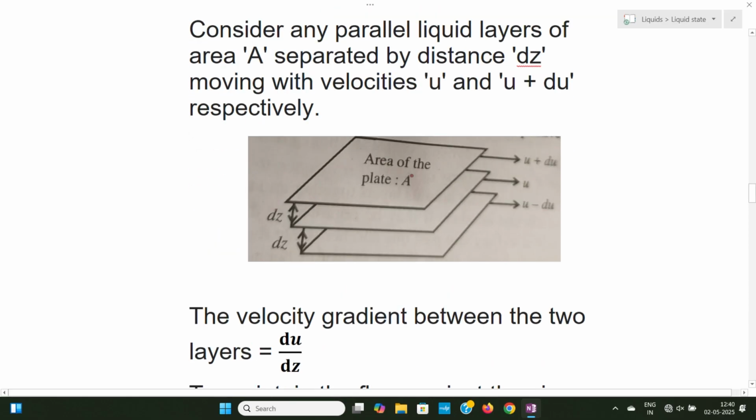We consider parallel liquid layers with the area of the plate A and the distance between the layers as dz. Here the distance between these two layers is dz, and between these two layers is dz, and the velocity of this layer is u plus du, this layer is u, and this layer is u minus du.